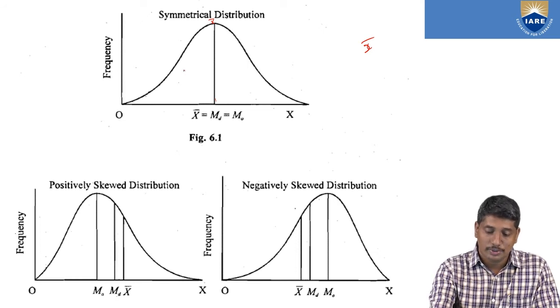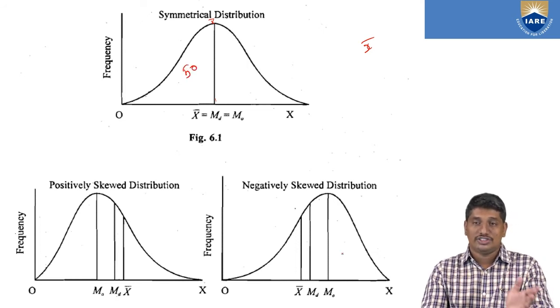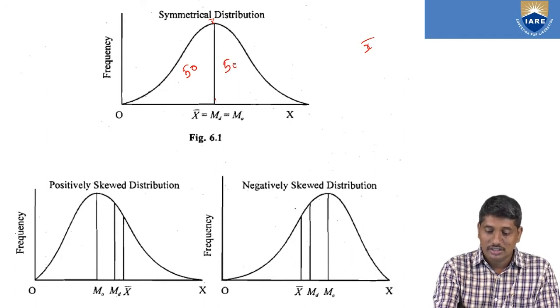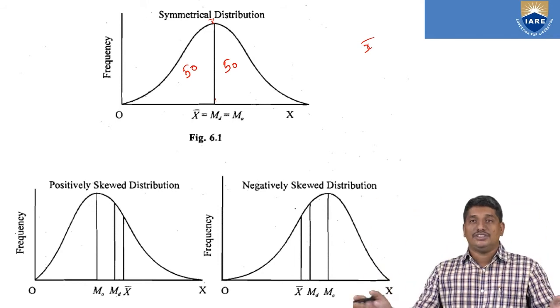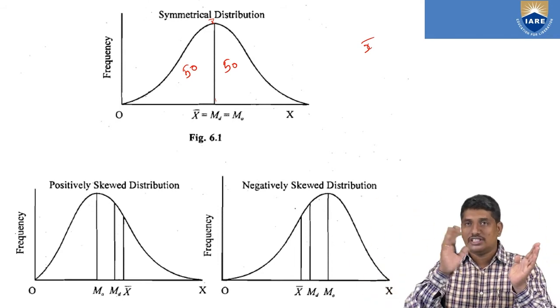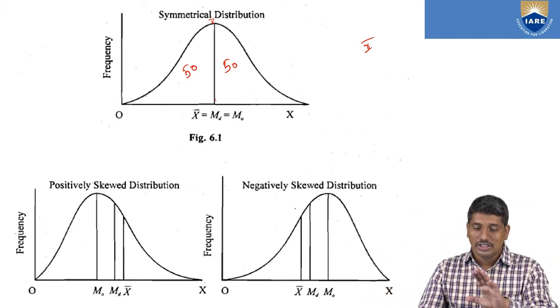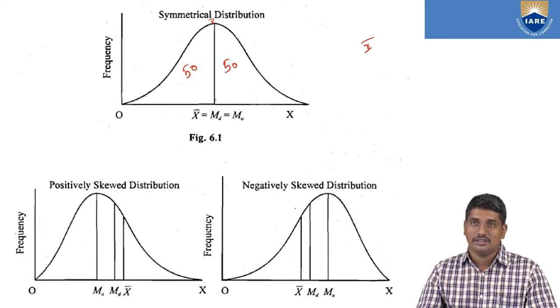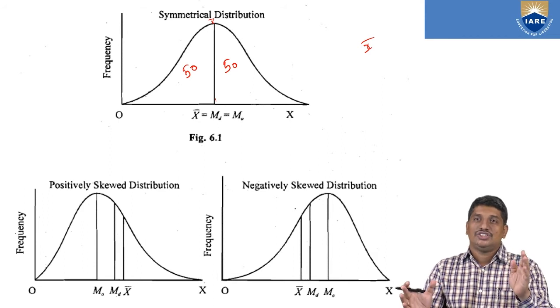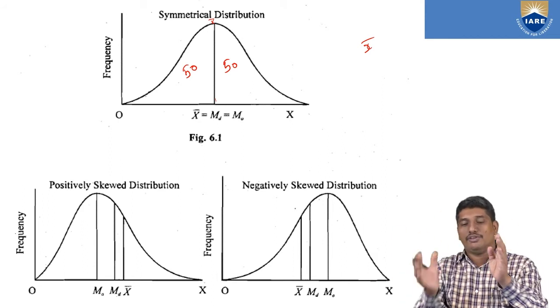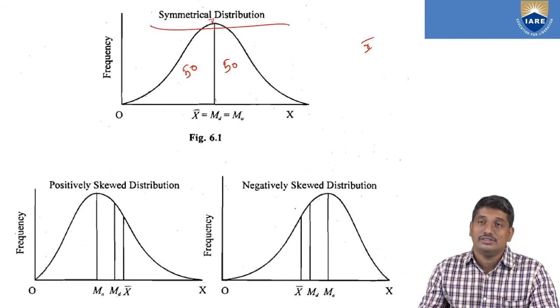That is, if it occupies 50 acres on the left side, then it will be the same, 50 acres, towards the right side. It will be equally stretched. So that is called perfectly symmetric, perfectly stretched on both sides of the mean. The data is stretching equally on either side of the mean, that is called a symmetrical distribution.